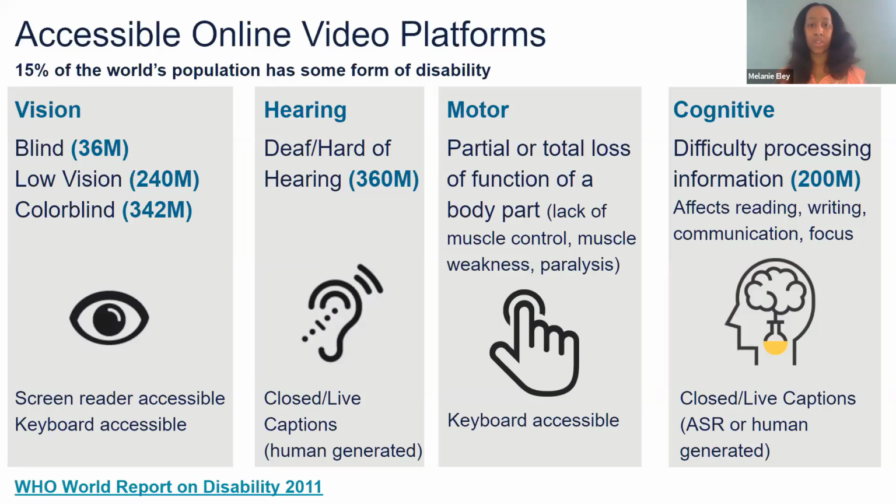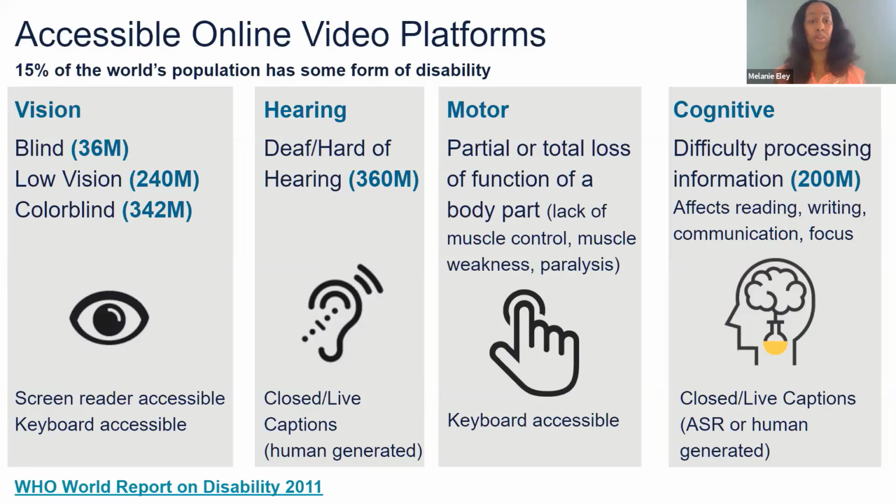Before we actually move into how we make our platforms accessible, I just want to quickly remind everyone about why we need to make them accessible, and specifically who needs our platforms to be accessible.